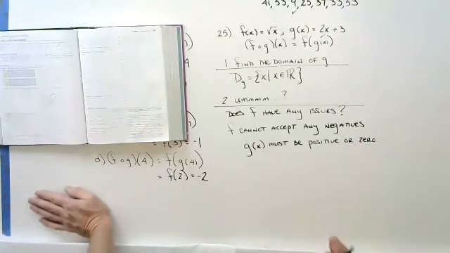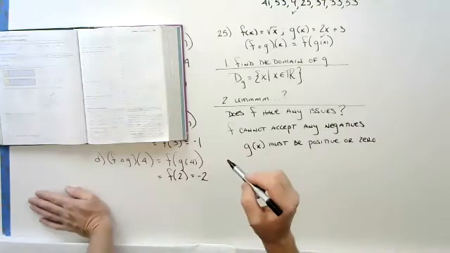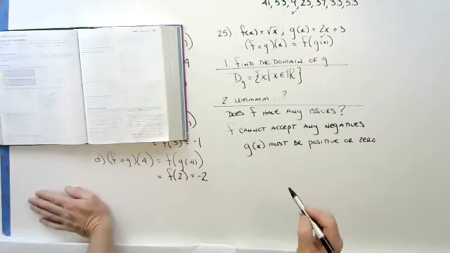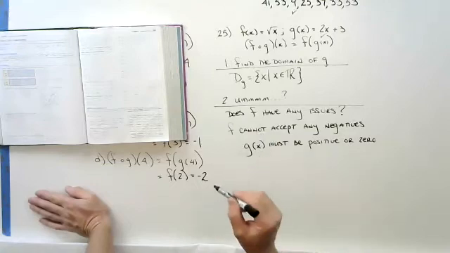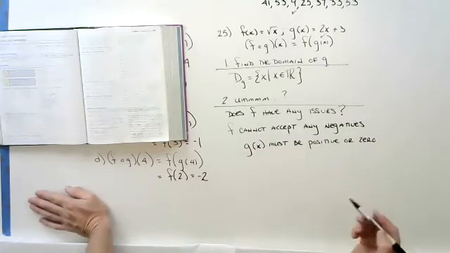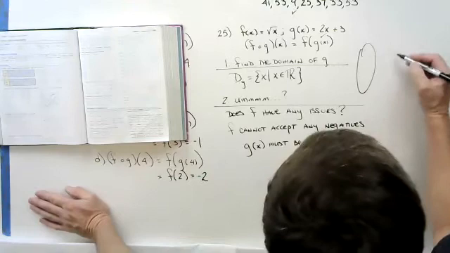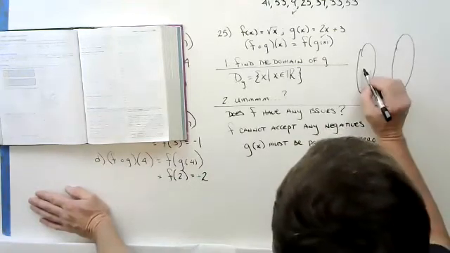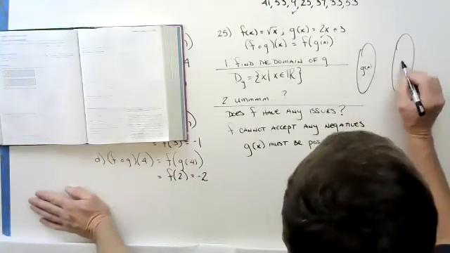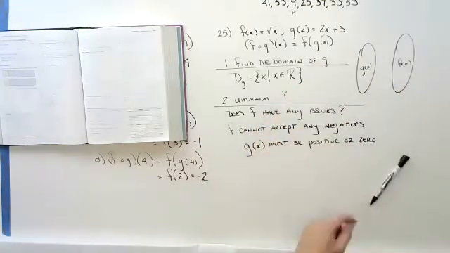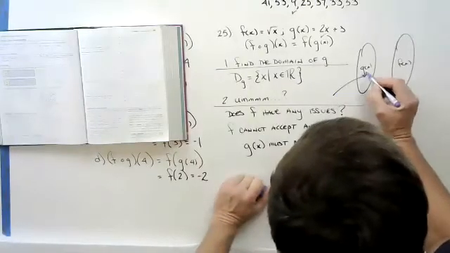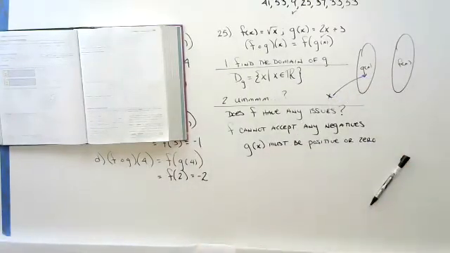Because remember, f doesn't get an x, right? x doesn't make it to f. g of x makes it to f, right? We drew that picture in our notes like this, and we said this is g, this is f. This is the order they go in because g's on the inside. And we said x goes there. That's where x goes. It goes into g.